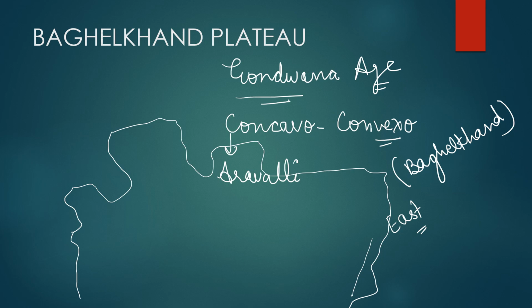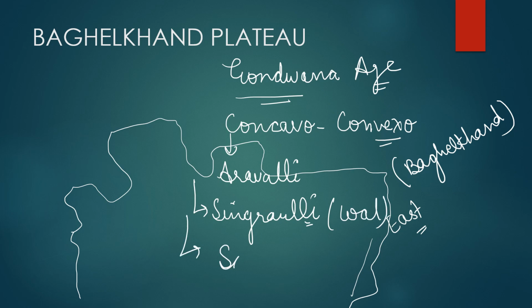And a very important place, as we also know, is Singrauli. Singrauli is famous for coal also in MP. Next basin is the Sohagpur basin. The Sohagpur basin is present in MP and Chhattisgarh as well. So we are discussing MP now. Sohagpur is also an important site present in this Baghelkhand plateau region.